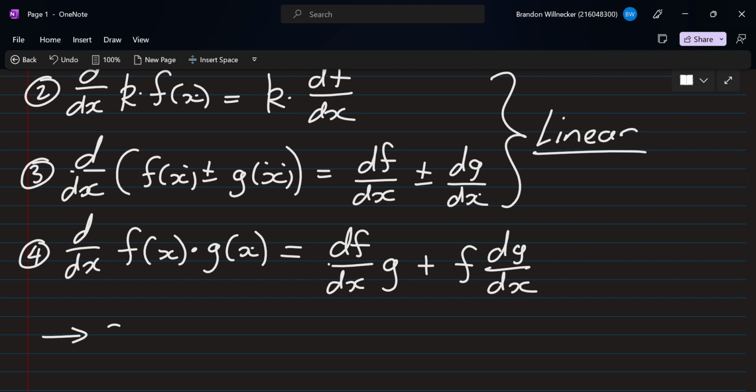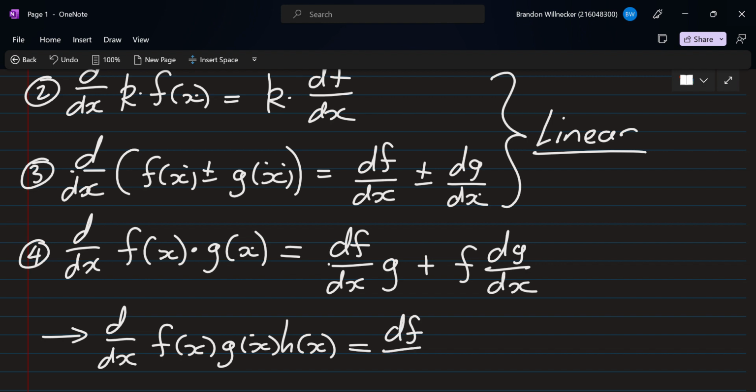Just as a note, if we have d by dx of f of x times g of x times h of x, then we have the same sort of alternating behavior. We take the derivative of the first one, and then we leave the others alone.